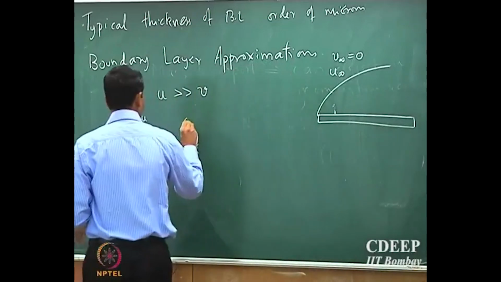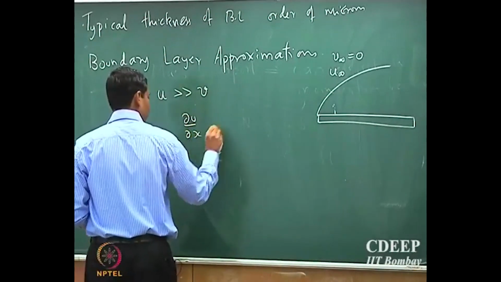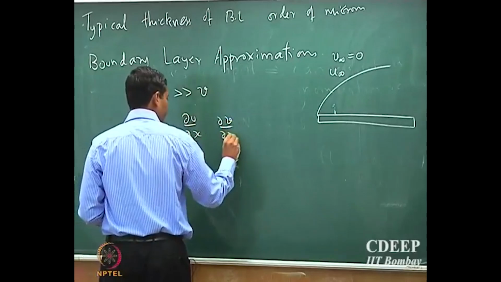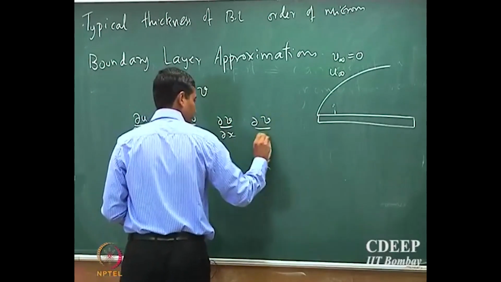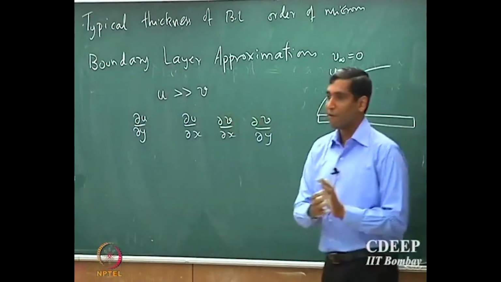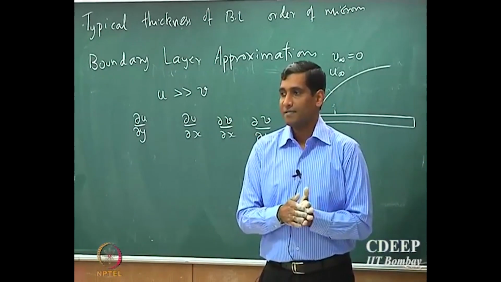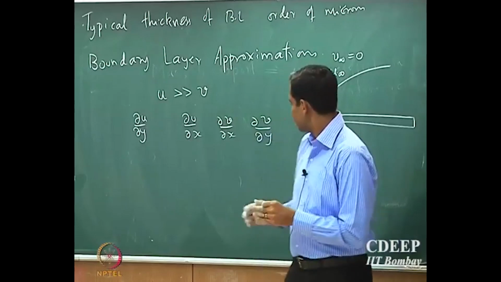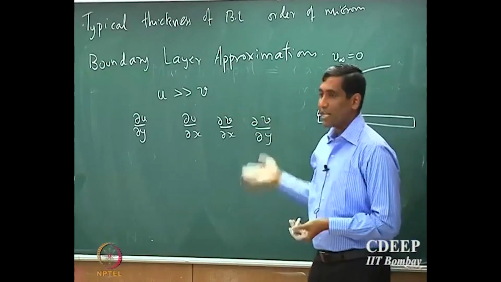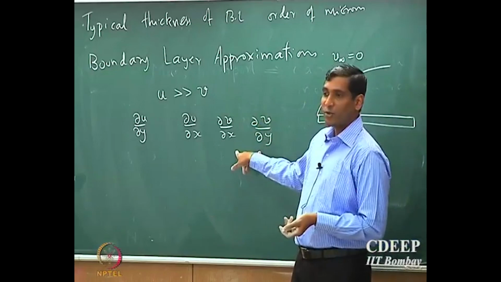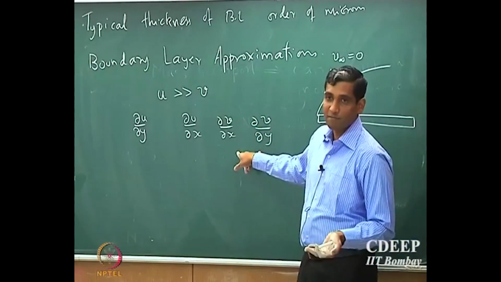Let us say du by dy, du by dx, dv by dy, dv by dx. What about the order of magnitude of these four? V itself is very small, right? So these two gradients are expected to be very, very small.